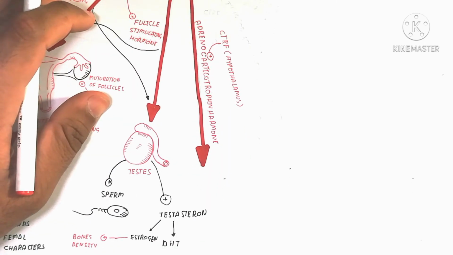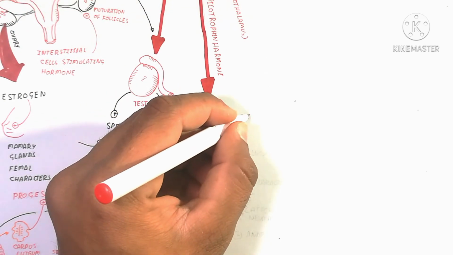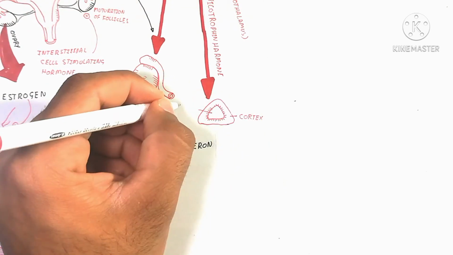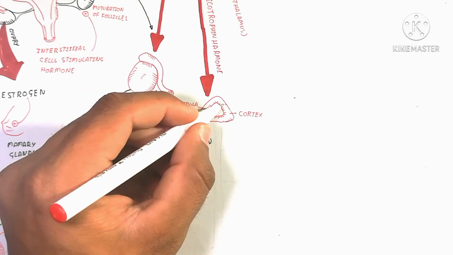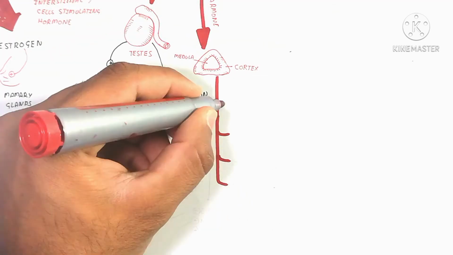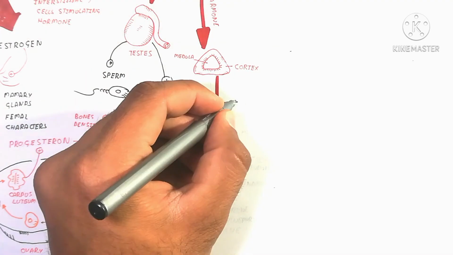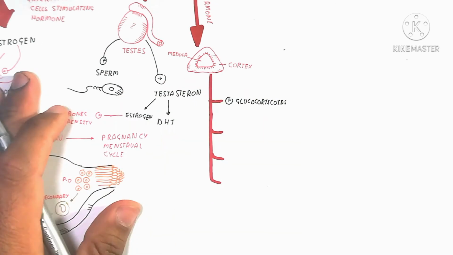So here is the hypothalamus, which stimulates corticotropic releasing factor, which releases the adrenocorticotropic hormone, which acts on the adrenal gland, which has the medulla and cortex. These produce different types of steroid hormones.